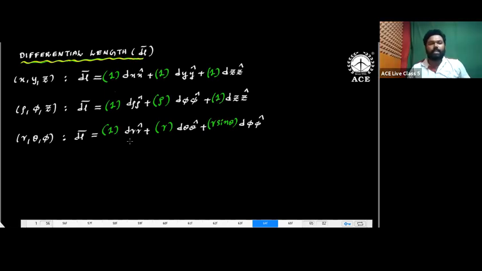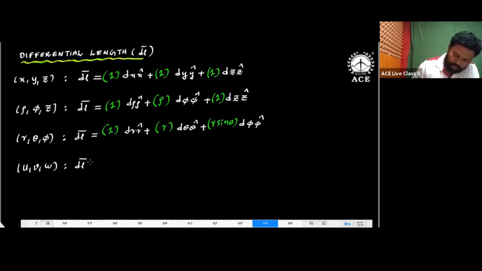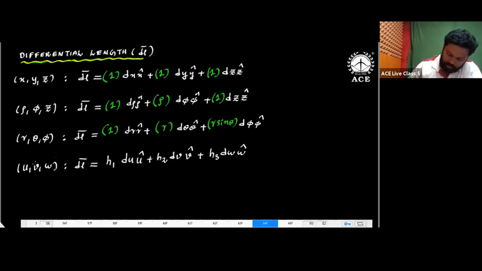So let us develop some standard form here. The standard form is u, v, w. dl is equal to h1 into du u cap plus h2 into dv v cap plus h3 into dw w cap.